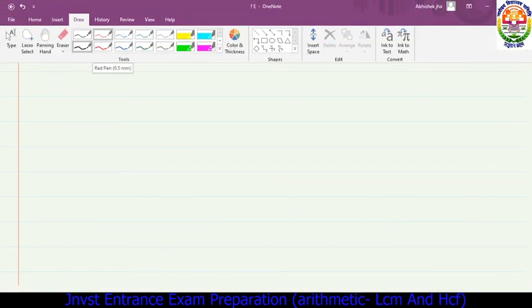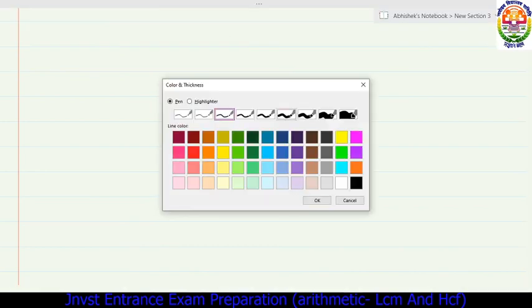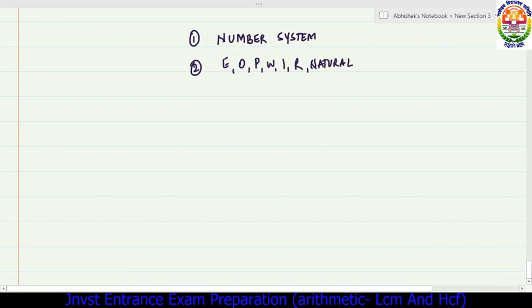Now I will briefly guide you through what we have learned in this class. We learned about the number system: even numbers, odd numbers, prime numbers, whole numbers, integers, rational numbers and natural numbers. We discussed the number line.